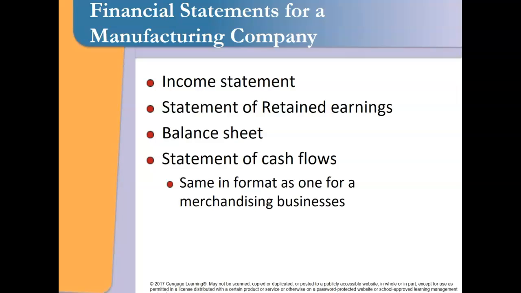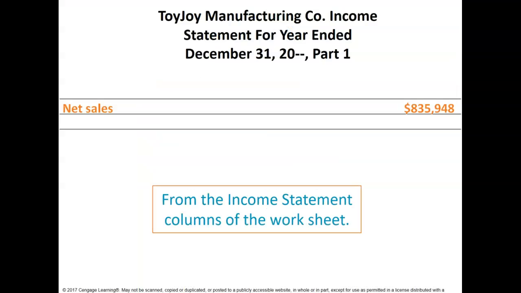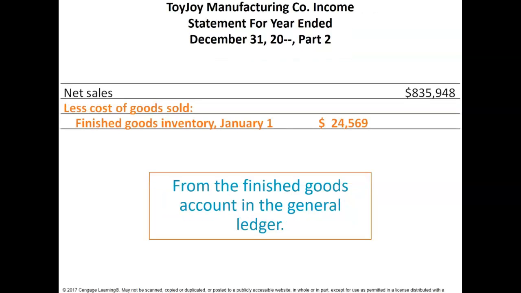And our statement of cash flows will look the same as if we were doing a merchandising business. So we're going to take our net sales for our income statement from the columns in our worksheet. And then we'll take the finished goods account from our general ledger.